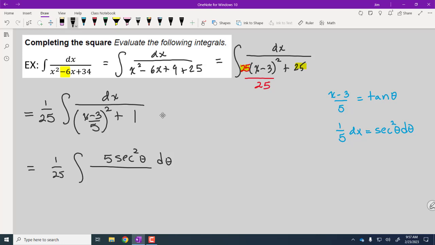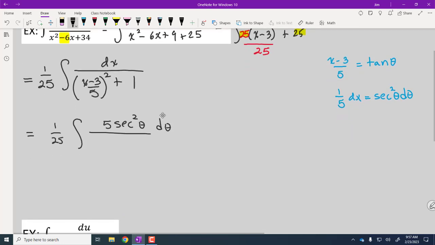The denominator becomes tan squared plus 1, which is going to be secant squared.